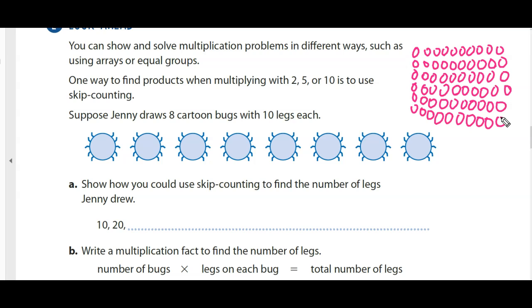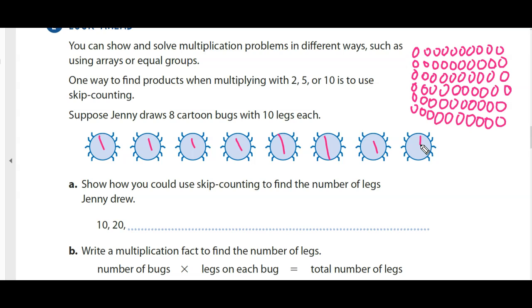One way to find products when multiplying 2, 5, or 10 is to use skip counting. So, in this case right here, suppose Jenna draws 8 cartoon bugs. So we have 8. 1, 2, 3, 4, 5, 6, 7, 8, right? And it says with how many legs in each? 10. Show how you could use skip counting to find the number of legs Jenna drew. Well, I started with 10.